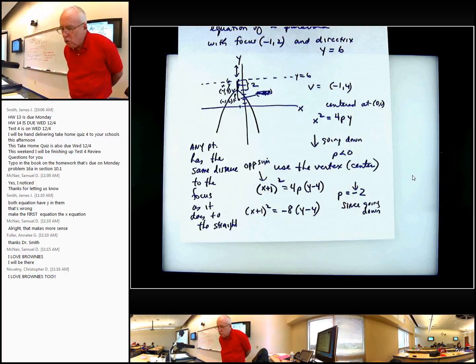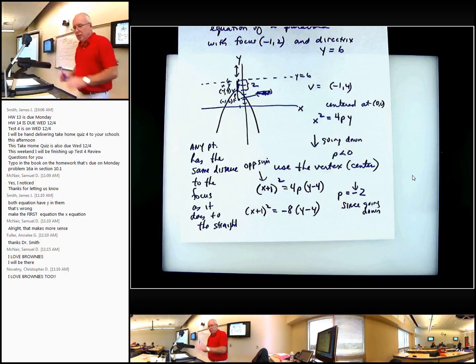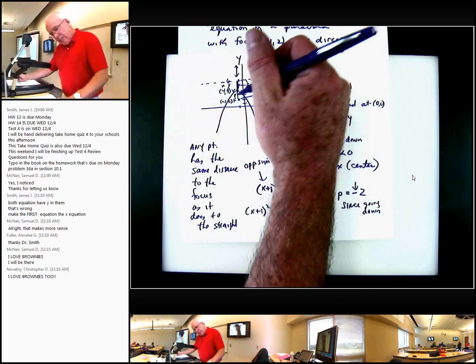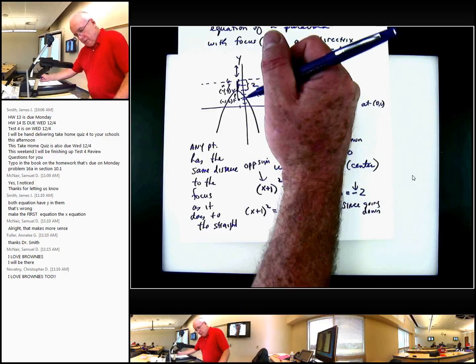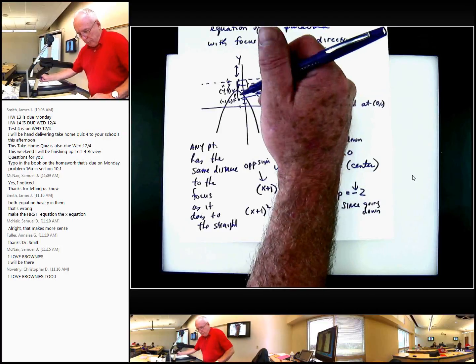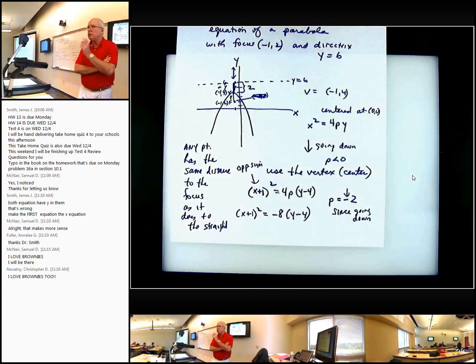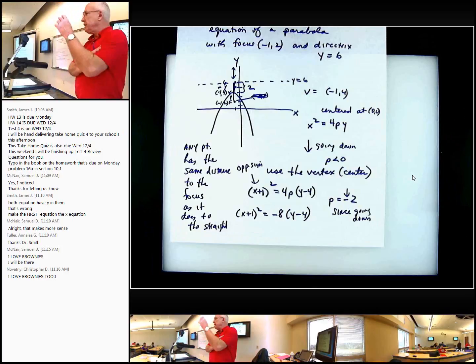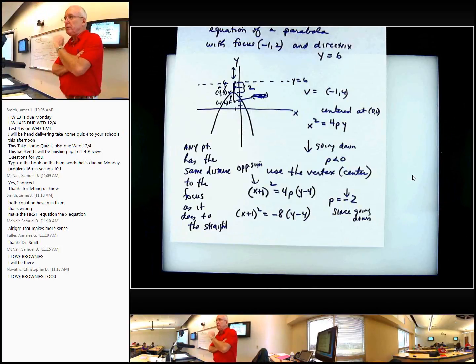So it was y equals -P as the directrix, but that doesn't apply here because things are shifted. The best way to compute P is really just to look at the vertex and get its distance from the line, and that'll give you the magnitude.